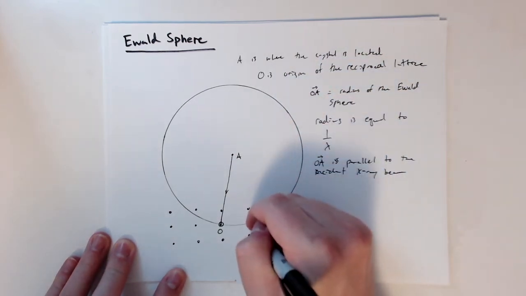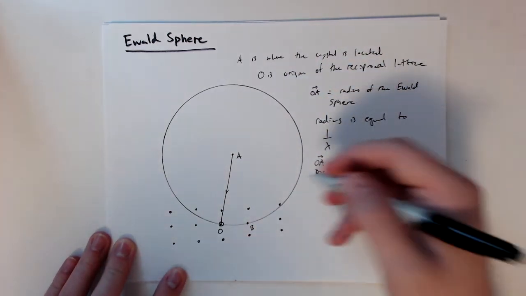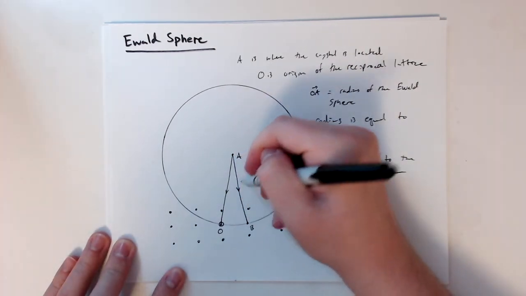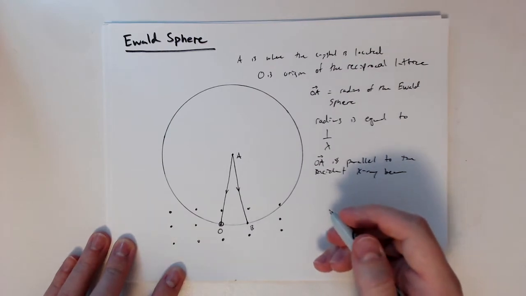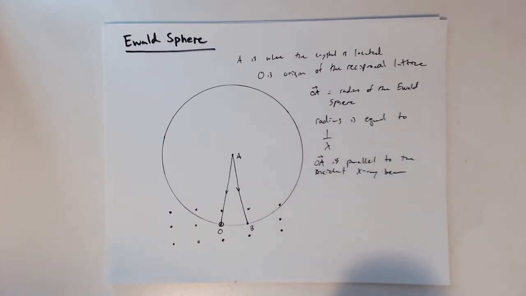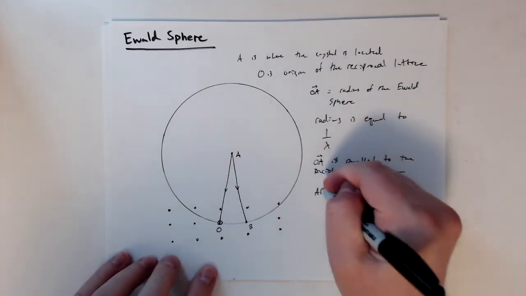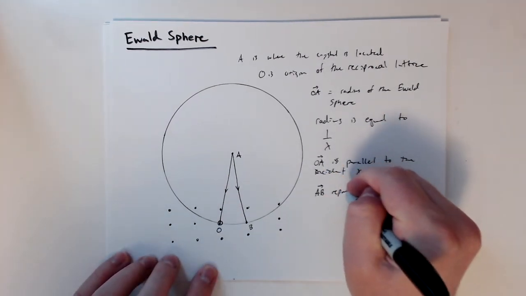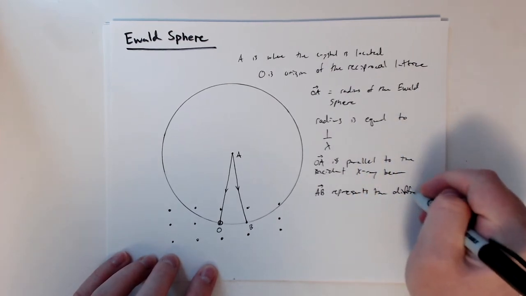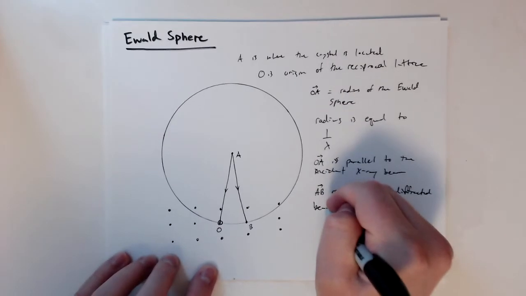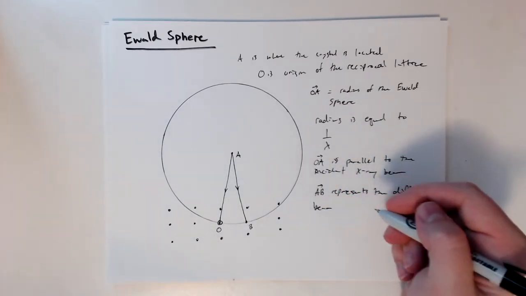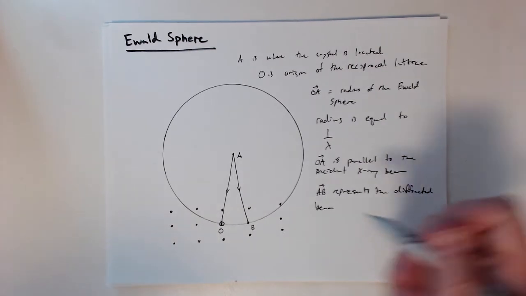Let's call this one B, and if we draw a vector from A to B, AB represents the diffracted beam for that given set of diffracting planes.